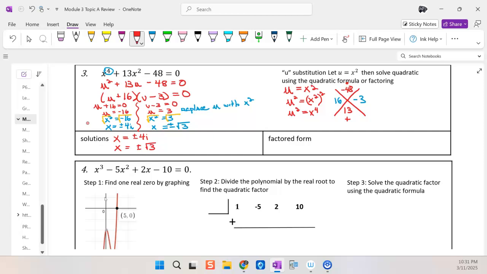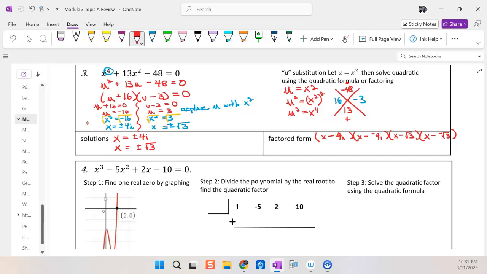Okay, now in factored form, remember when you set up factored form, it's always minus. I'm going to have 4 factors. Okay, x minus, x minus, x minus, x minus. And now I put in my zeros. So negative 4i, root 3, and negative root 3.